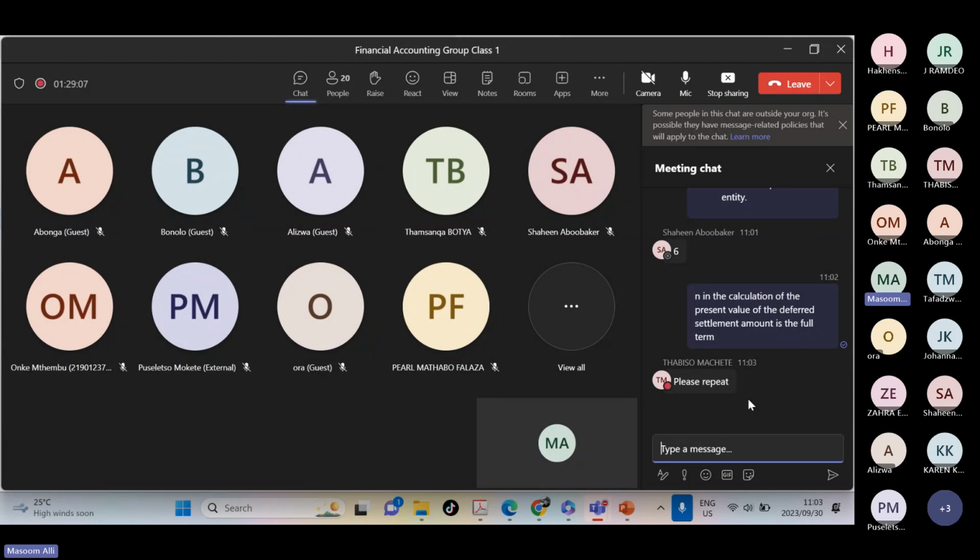Shaheen answered 6 months, but it's not 6 months, it's the full 9 months. You take the full credit term period into account there. You don't say that 3 months is normal, so therefore 6 months is abnormal. It doesn't work that way. You take the full 9 months. You guys are okay with that?